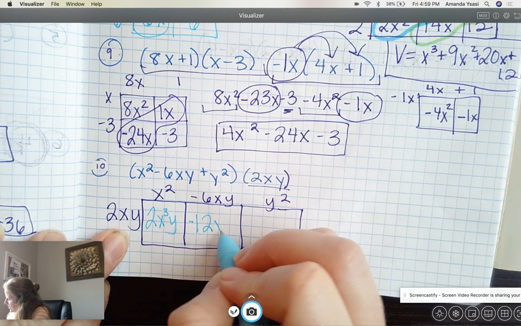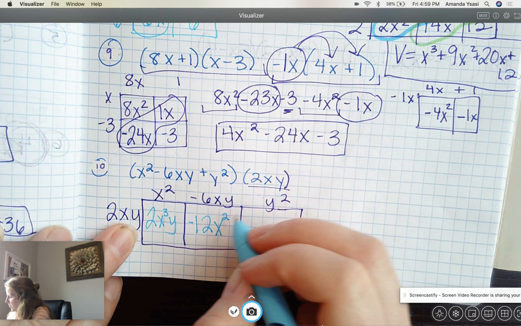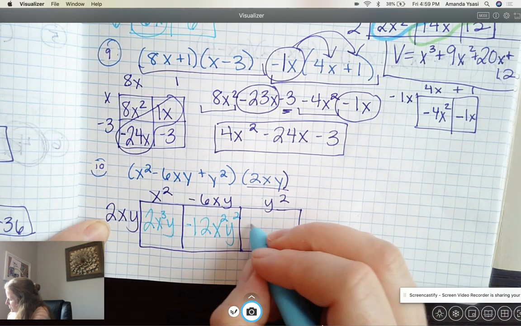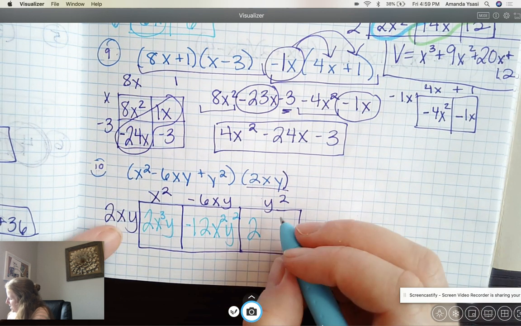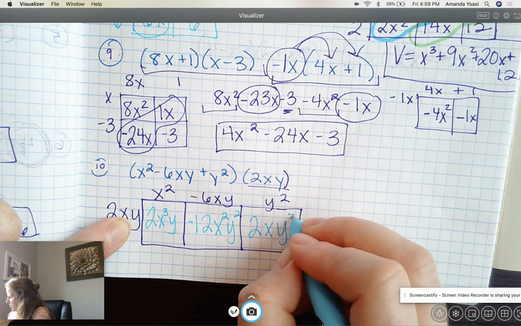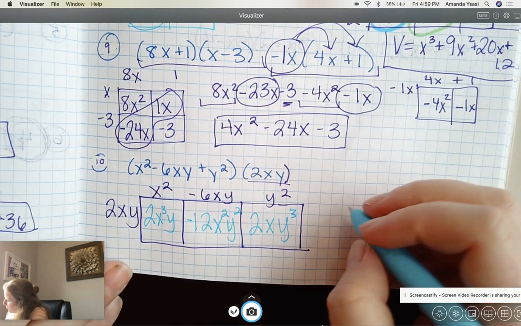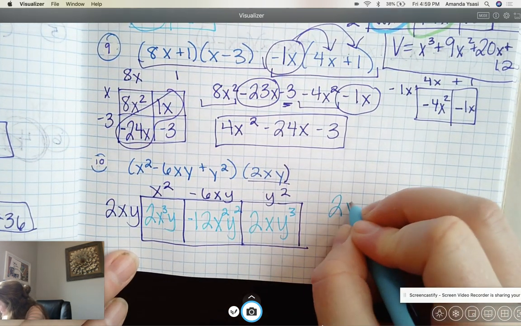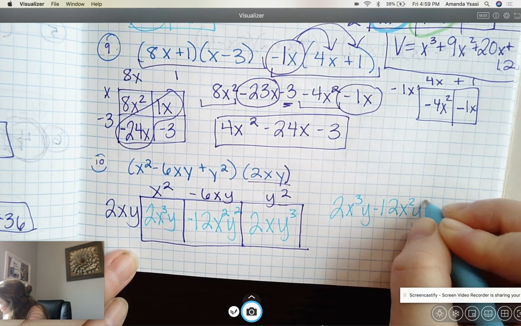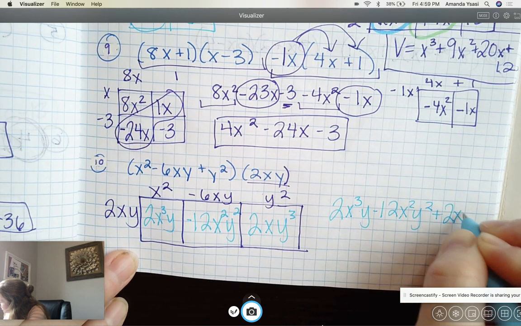X times x is x squared. Y times y is y squared. And then 2, there's no other coefficient. X, and then y and y squared would be y cubed. So our most simplified version is 2x cubed y minus 12x squared y squared plus 2xy cubed.